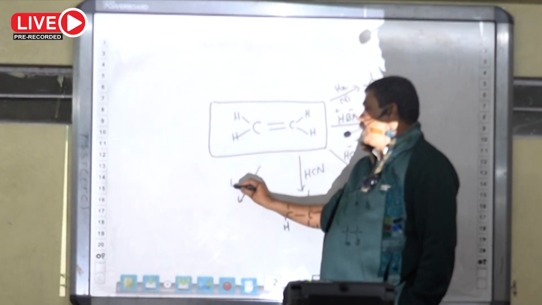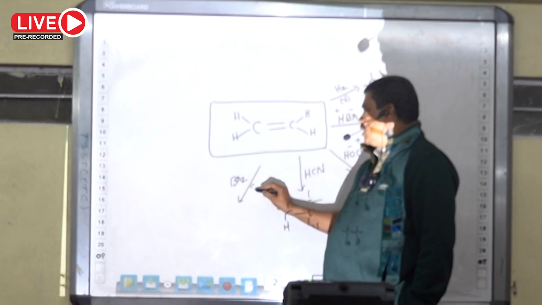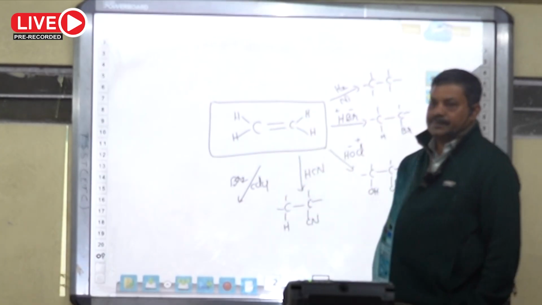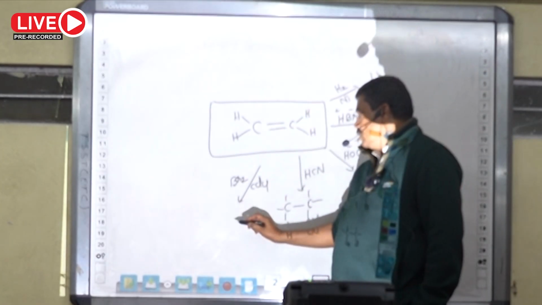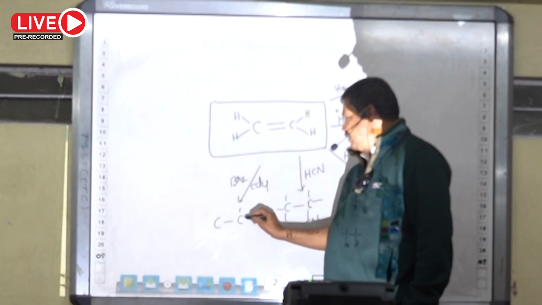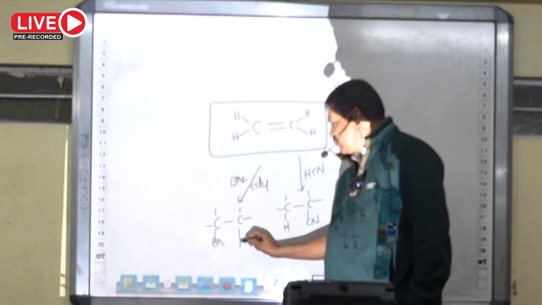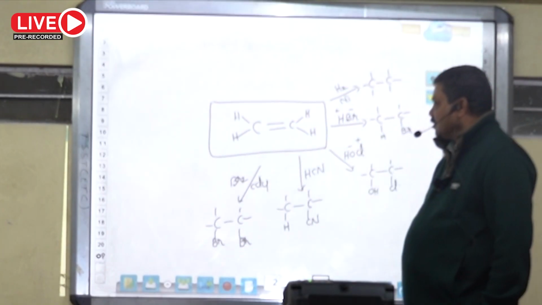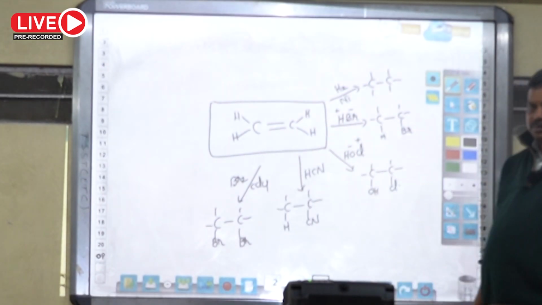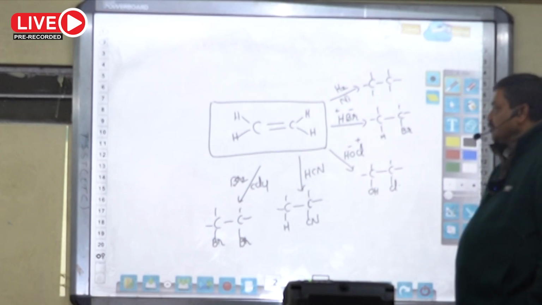If you add bromine in CCl4 medium, two bromines are added. You will get a dibromoethane.